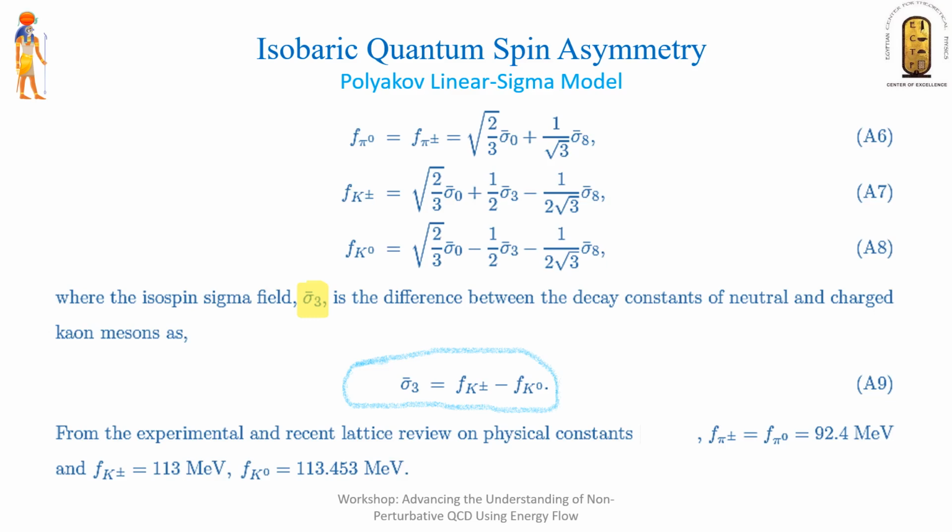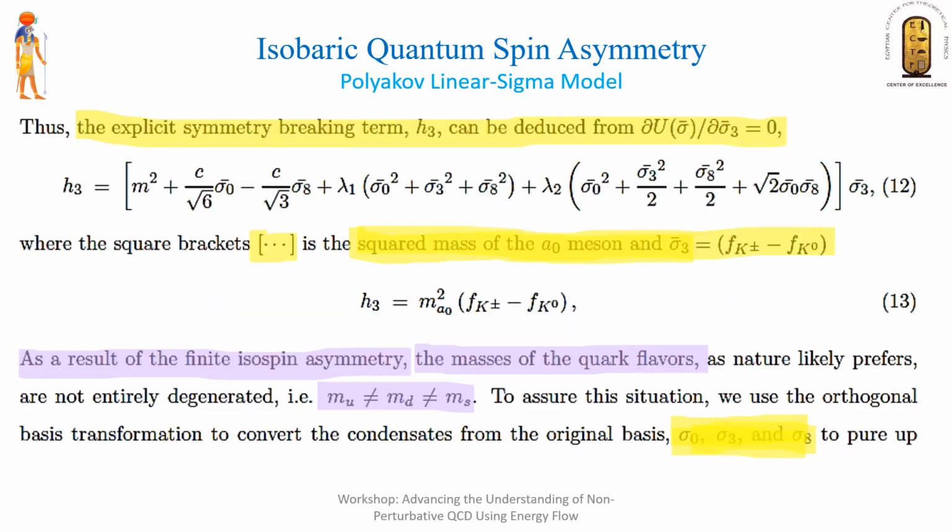From the experimental and the latest review on the physical constants, we have an estimation for the decay constants, and accordingly have expressed that the h3, which is related to sigma 3, can be expressed in this very long expression, where I can summarize it in the way that the square bracket is nothing but the squared mass of the a0 meson, and sigma bar 3 is the difference between fK plus minus and fK0.